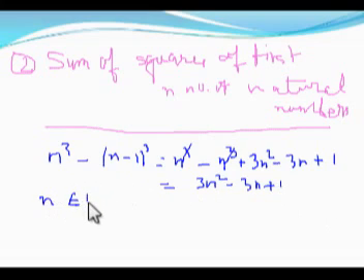Set of natural numbers means 1, 2, 3, 4, all the positive integers.